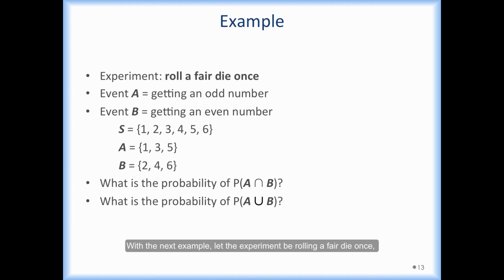Let's look at one more example. Let the experiment be rolling a fair die once. Let event A be getting an odd number, and event B be getting an even number. Then, we can see that event A and B have no elements in common, and they are mutually exclusive.